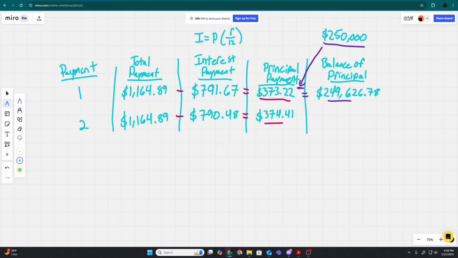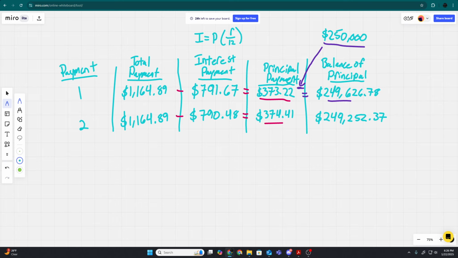So this big number minus a smaller number, we're going to get a balance of $249,252.37. And this pattern keeps on going and going.